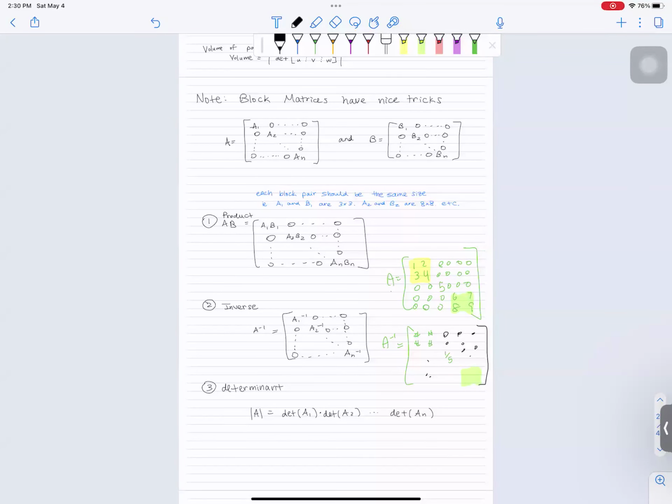So dr is going to be the partial of r with respect to t1 and the partial of r with respect to t2. So what do I get? I get 1, 3t2, negative 2t1, negative 2, 3t1, and 1. But I need to evaluate this at some point t1, t2, so that I can get numbers for my derivative matrix.